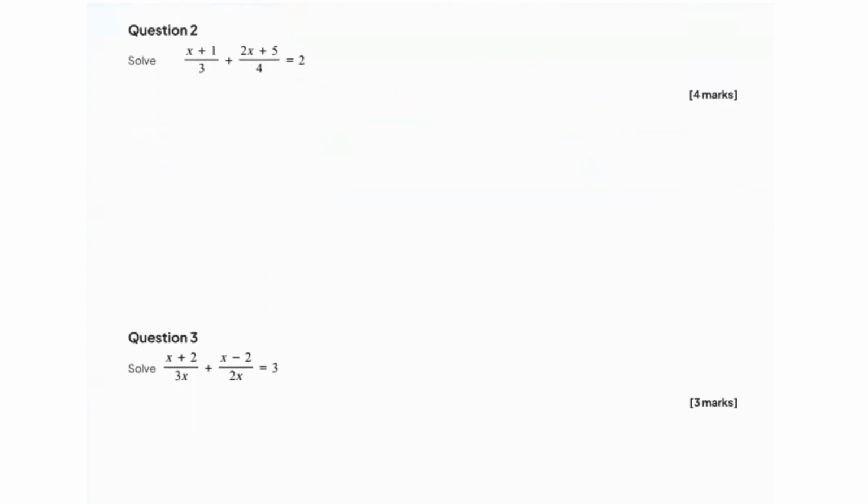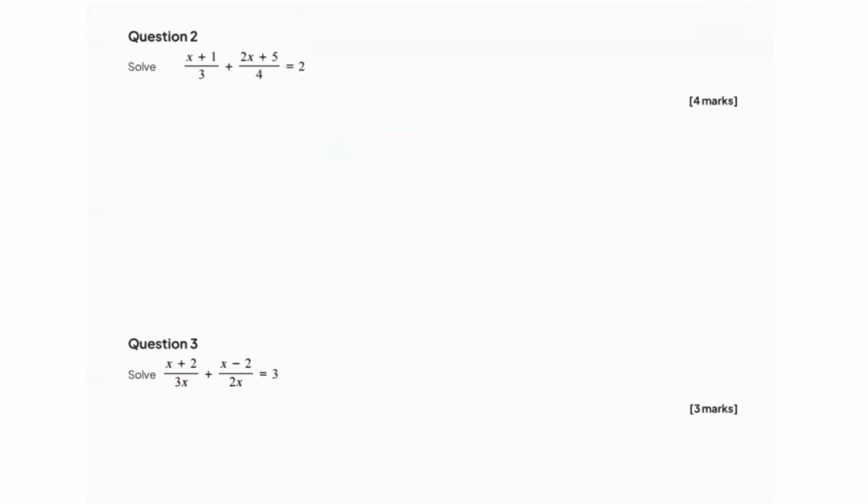Then in the second question, we have a similar equation with fractions, and they want us to find the value of x. We're going to repeat the same steps. I'm going to multiply the first fraction by 4 and the second fraction by 3. That leaves me with 4 times x plus 1 over 12 plus 3 times 2x plus 5 over 12 equals 2.